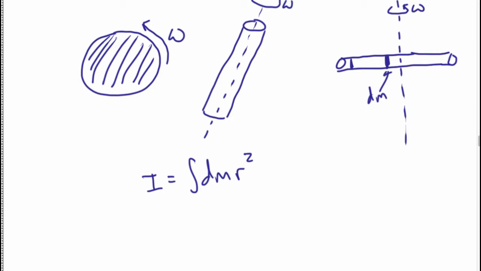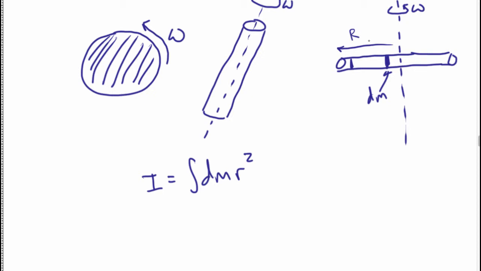So in order to solve this problem, we have to change the thing that we're integrating over into something that we could actually integrate over. Because what we really want to say is, okay, this mass extends from some radius of 0 out to some radius of whatever this is. Call it, let me call it capital R, the radius of the rod.